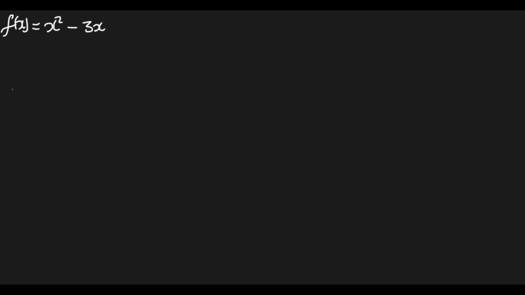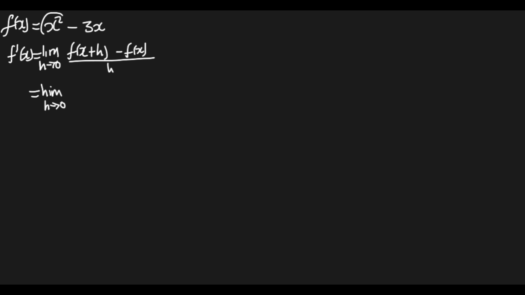So the first step, as usual, we are going to write the formula, the limit as h approaches 0. Then our first step is, where there is x, we substitute with x plus h.